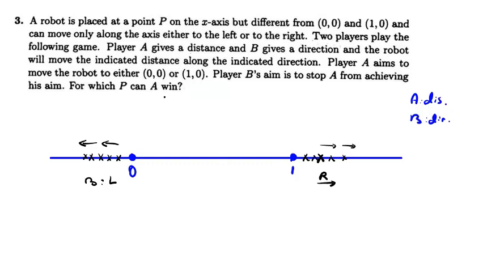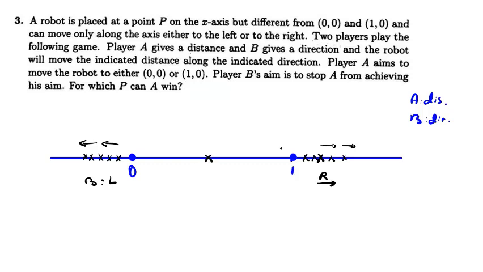We want to consider the minimum number of steps in which A can win. So in the first step, A says a distance, and B says a direction. In this step, if A wins whether the point goes left or right, then it should be the midpoint.